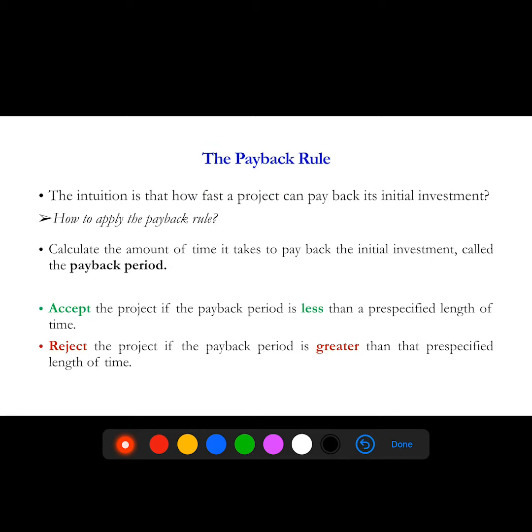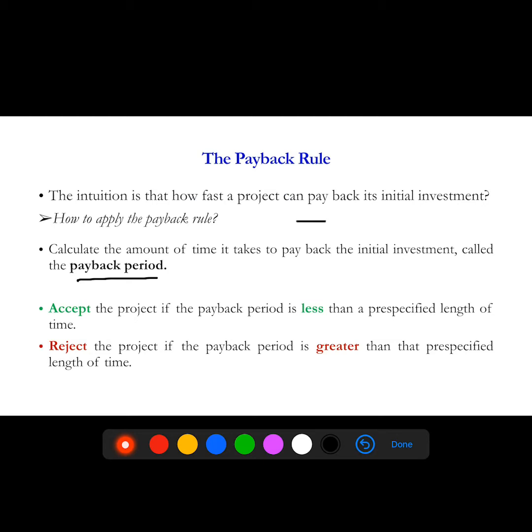So how can we apply this payback rule? First of all, we need to calculate the amount of time it takes to pay back the initial investment. This amount of time is called the payback period.